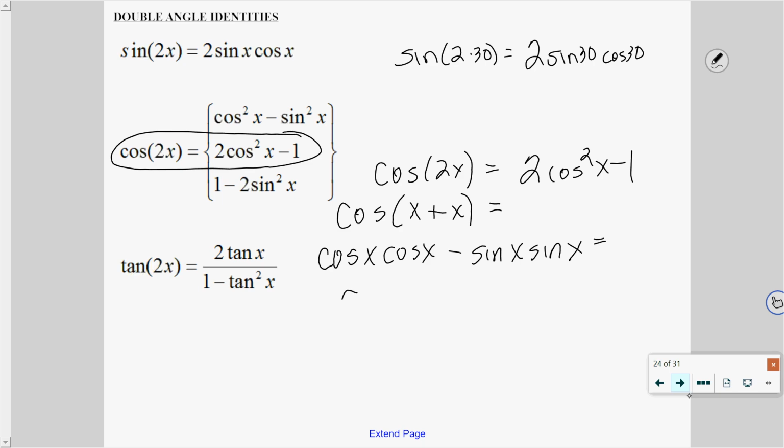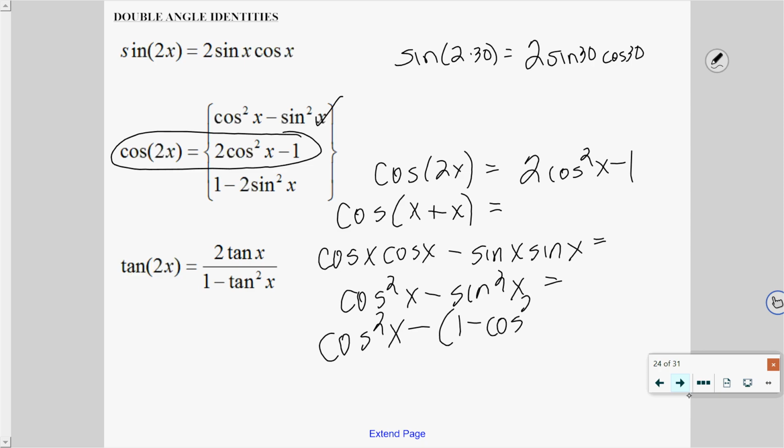If Keta picked the first one, I'd be done, because I'm matching the first one. She picked the second one. So how do I turn that one into the second one? Yep. Take sine squared and change it to 1 minus cosine squared and distribute my negative.